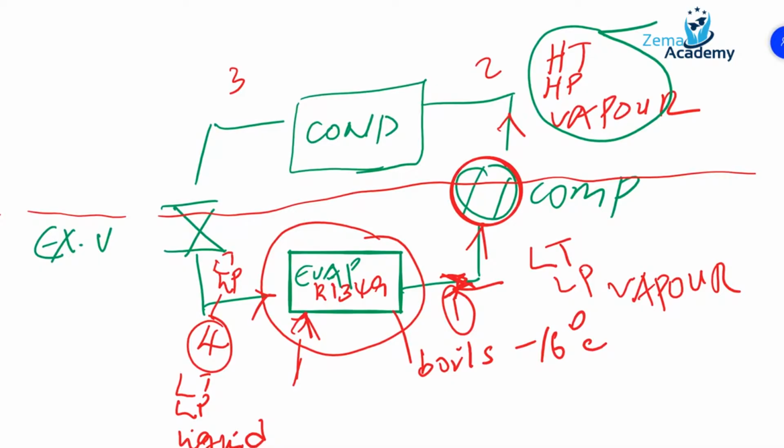Imagine you have high temperature and high pressure vapor that you can use for different applications, whether space heating or hot water, depending on the application. But the only way to extract that heat is to pass it through a condenser.